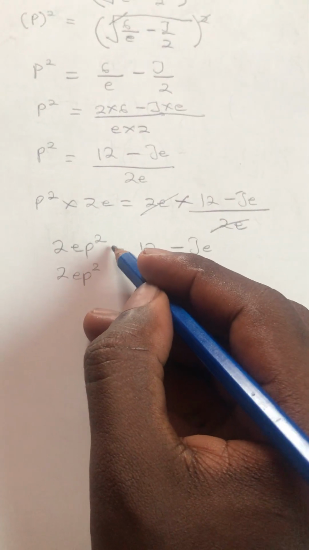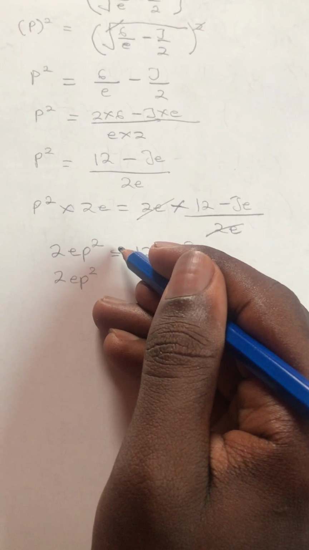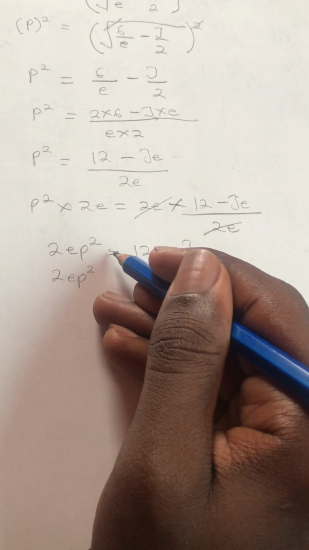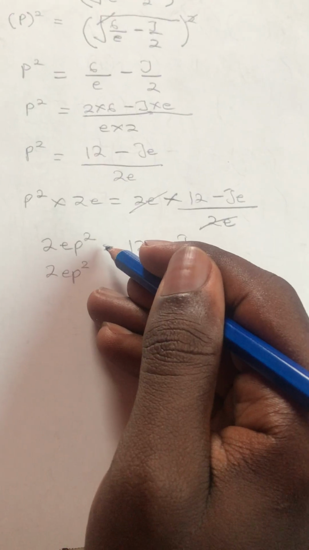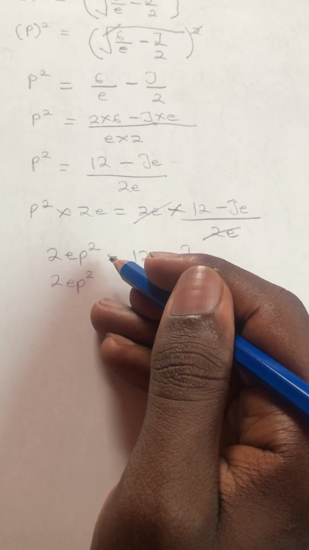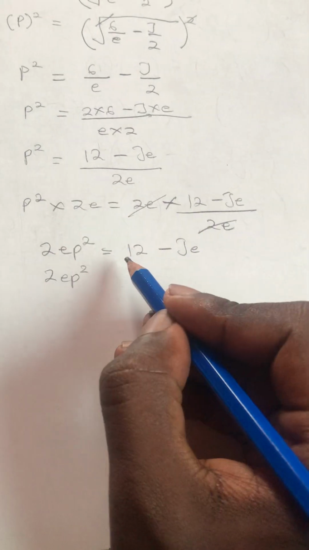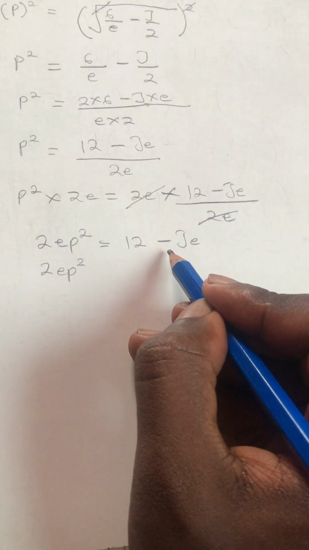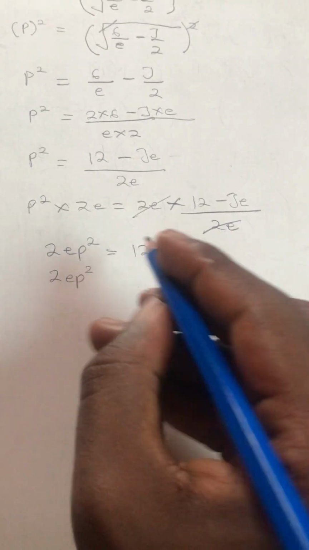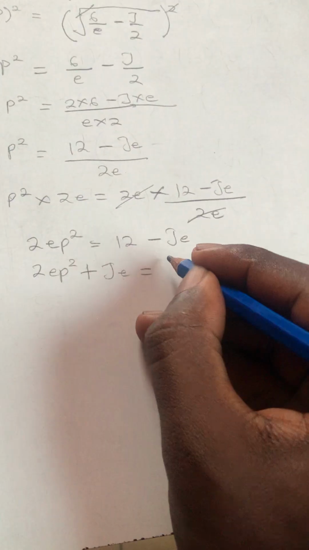Whenever a number or a variable crosses the equal to sign, it changes its form from its original state. If it's a positive number, it will become a negative number. If it's a negative number, it will become a positive number. And here our JE is a negative number, so it will become a positive JE, which is equal to 12.